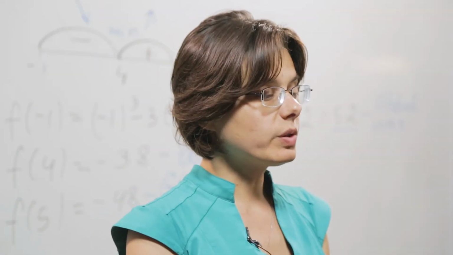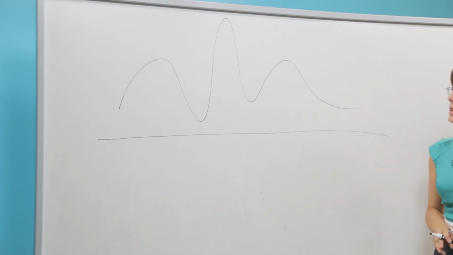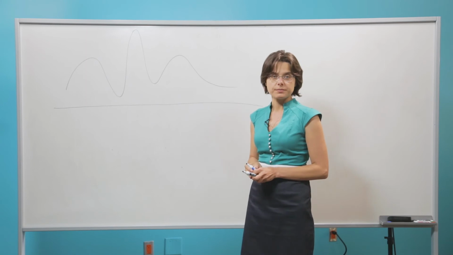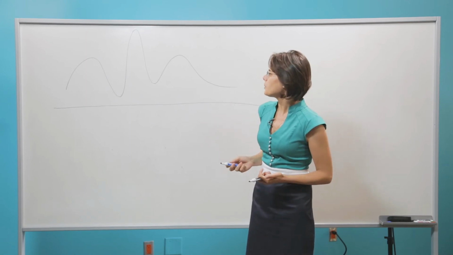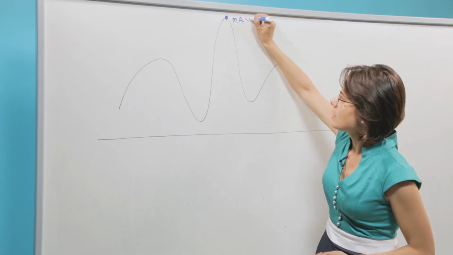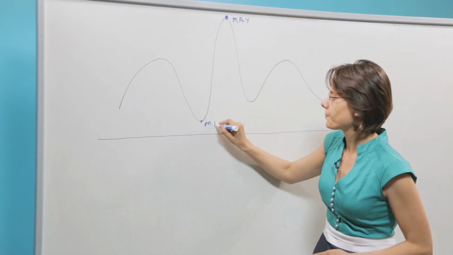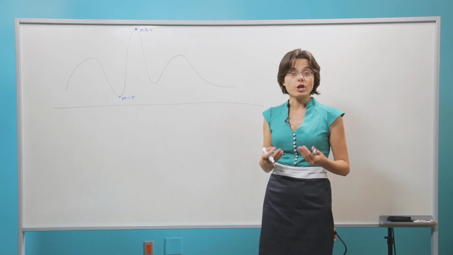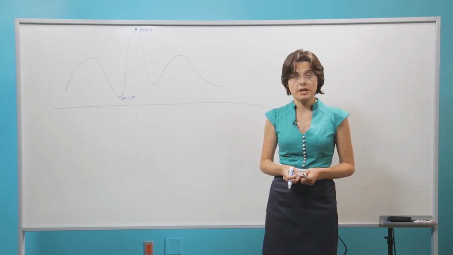If we consider the following picture, let's say this is the graph of the function f of x, we can see that this function has some peaks, right? And we can say right away that, well, this is probably a maximum, and this is a minimum point. But now we also have some understanding of general maxima and minima and local maxima and minima.